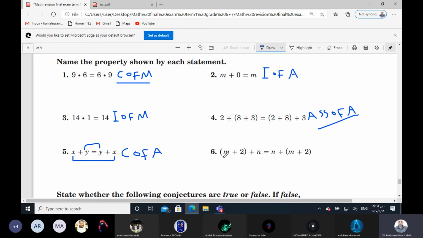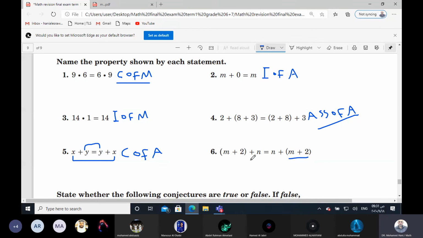And here we have m, 2 and n, and here we have n and m and 2. Here we have 3 values, 2 variables and 1 number. But look at the parentheses. Here we have m plus 2, here we have m plus 2.